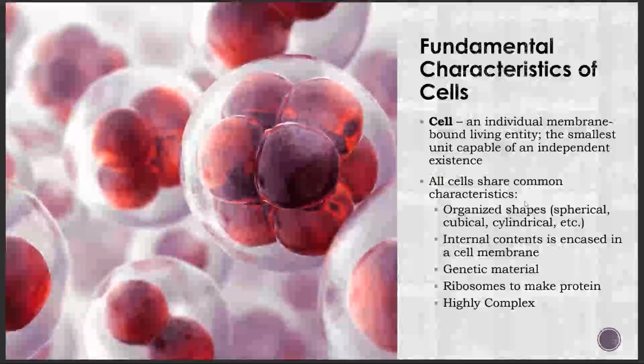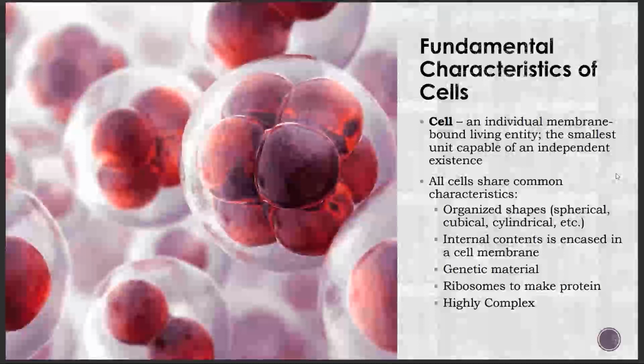All cells share common characteristics, including that they're organized, they have defined shapes. You'll see in microbiology, we'll talk about the different cell shapes later on. Things like, is it a bacillus? Is it a coccus? Is it a spirillum? They have very defined shapes. They may not all be the same, but they're very organized and discrete.